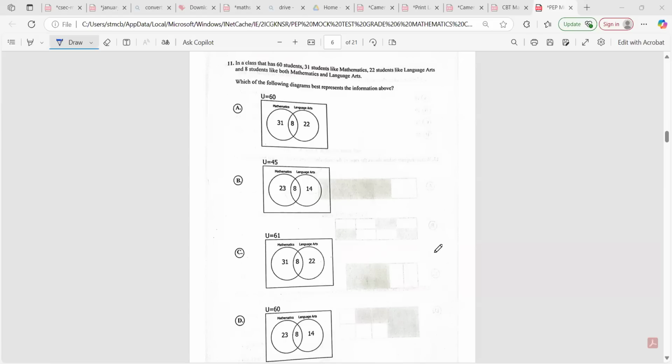Okay, it says in a class that has 60 students, 31 students like mathematics, 22 students like language arts, and 8 students like both mathematics and language arts. So my answer will be A. All right, thanks so much. So A is that option.